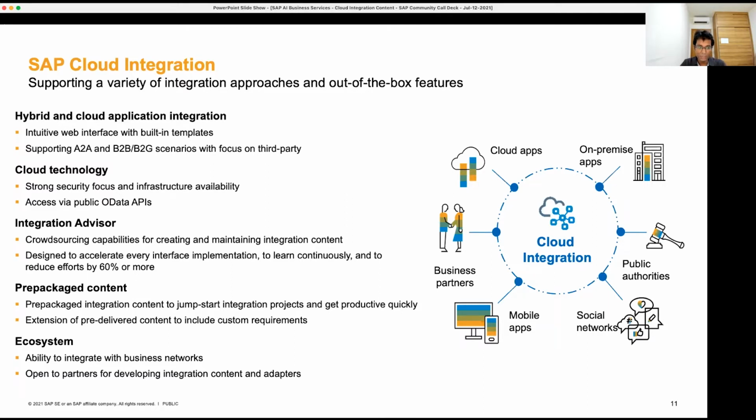This is completely based on cloud technology, and we also have OData APIs for many of them. For customers to consume and adopt innovation faster, we provide something called prepackaged content. So this is the key part of our presentation today. Prepackaged content is something like a starter kit for you, right?